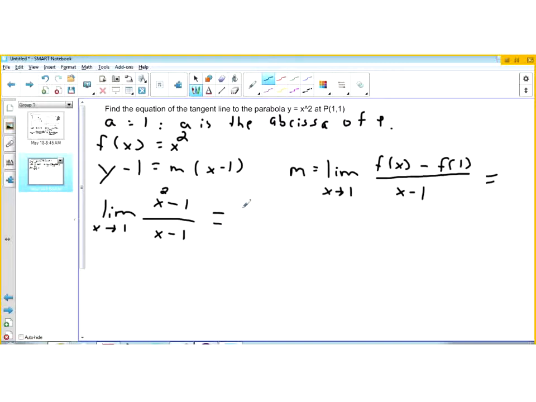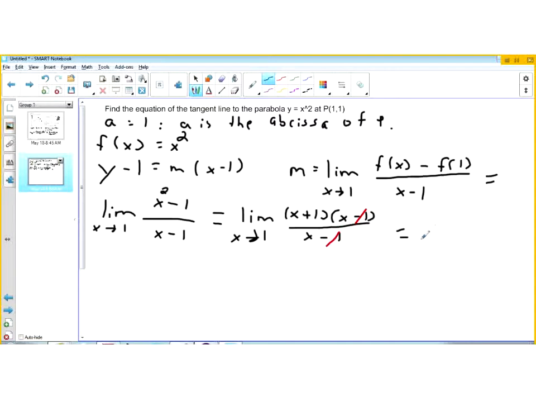All right, and so that's a classic limit problem. It's an indeterminate form. So we know that the limit is going to evaluate to some number. Okay, and so we can factor the numerator. All right, and so we get a cancellation of these two factors.